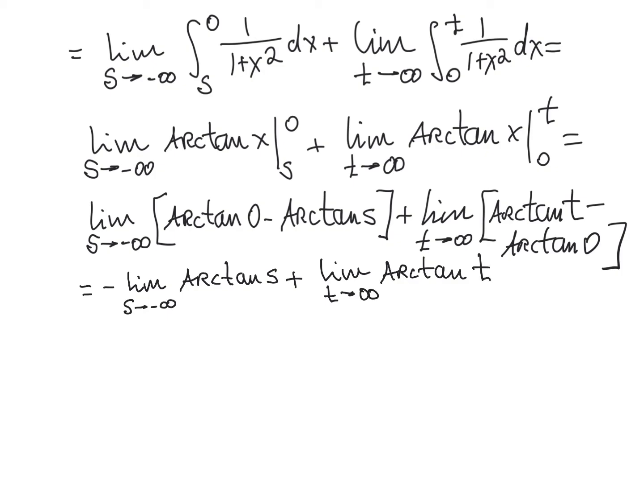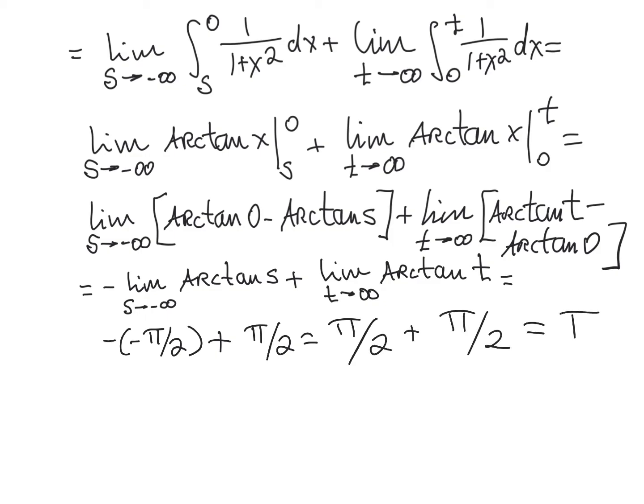And so the first limit, we have a negative there, and the first limit is negative pi over 2, so minus a minus pi over 2 plus pi over 2 equals pi over 2 plus pi over 2, which is equal to pi. So the integral converges to pi.